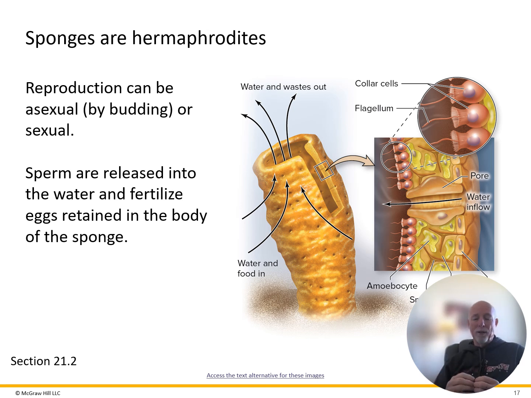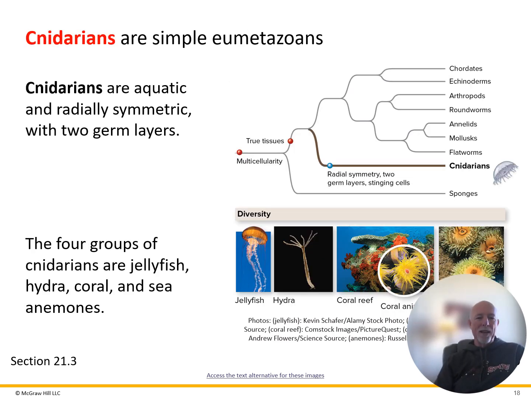There's no contact between adjacent sponges, but they have to release these sperm into the water and hope that the currents carry the sperm to an adjacent sponge with egg cells.